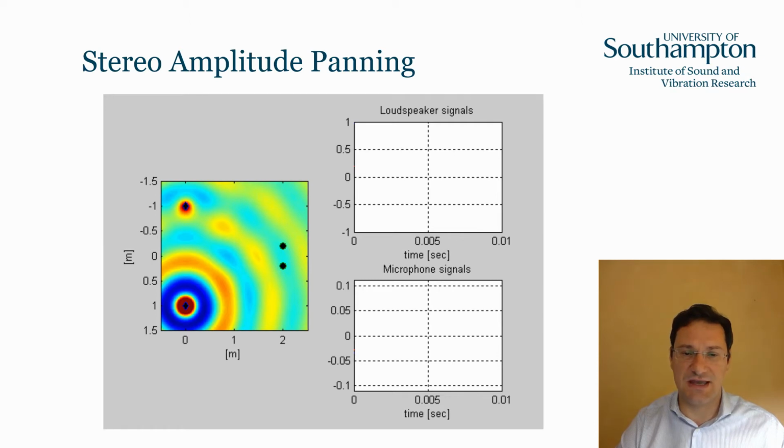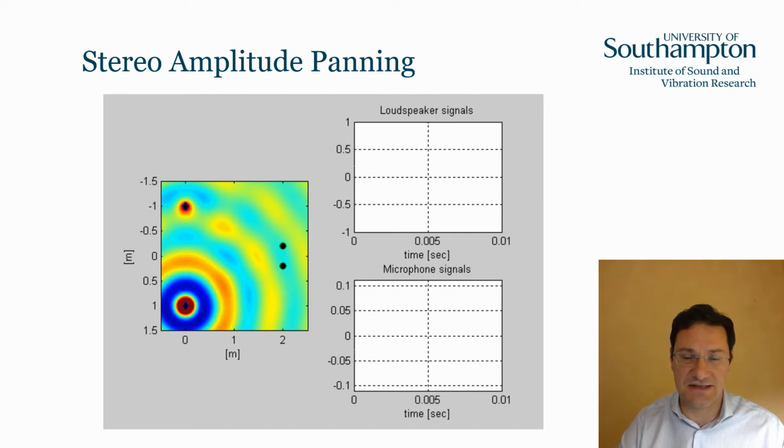What is really interesting is what happens at the ears: the signal captured by the left ear in blue is not significantly louder, if louder at all, than the signal captured by the right microphone. What is interesting though is that the two signals are no longer in phase. They were in phase at the loudspeakers, but at the ears they are out of phase.